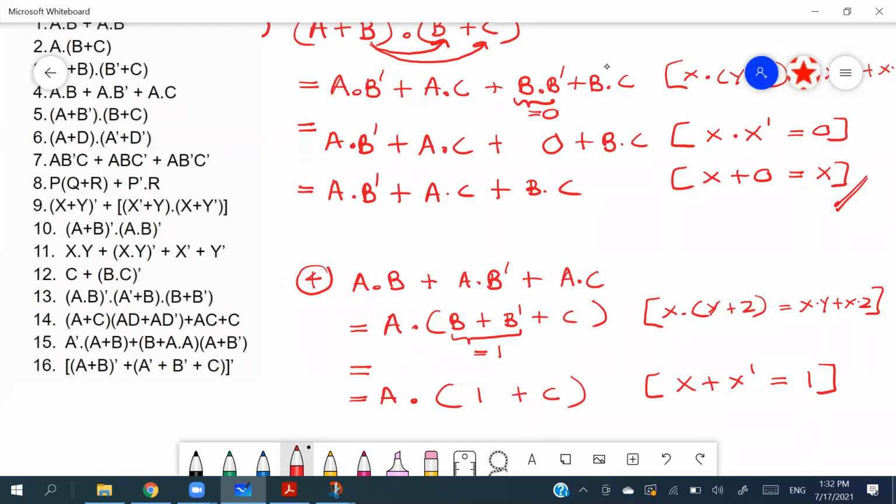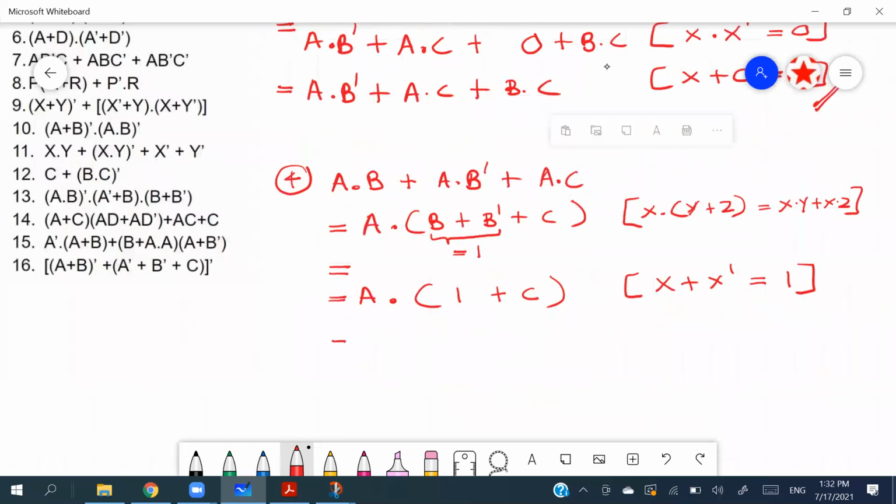Then 1 plus C equals 1, right? That is from the identity laws.